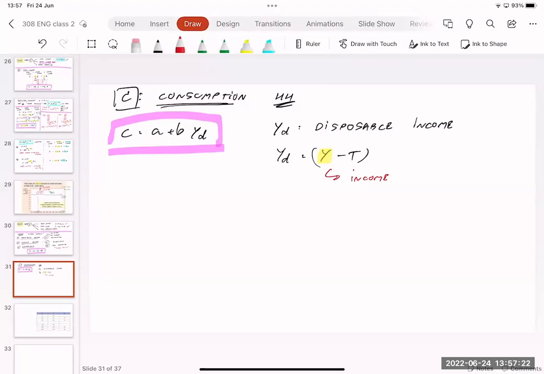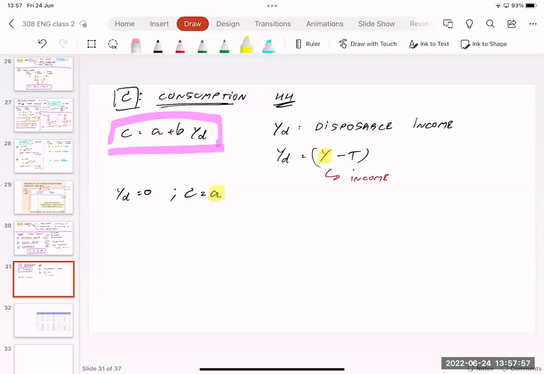So that is YD. How about the other variables in the equation? What is the meaning of A? A comes from this: if YD equals 0, C is gonna be equal to A. You see that from the main equation. If you don't have any money, you still need to consume something. You need to eat something.